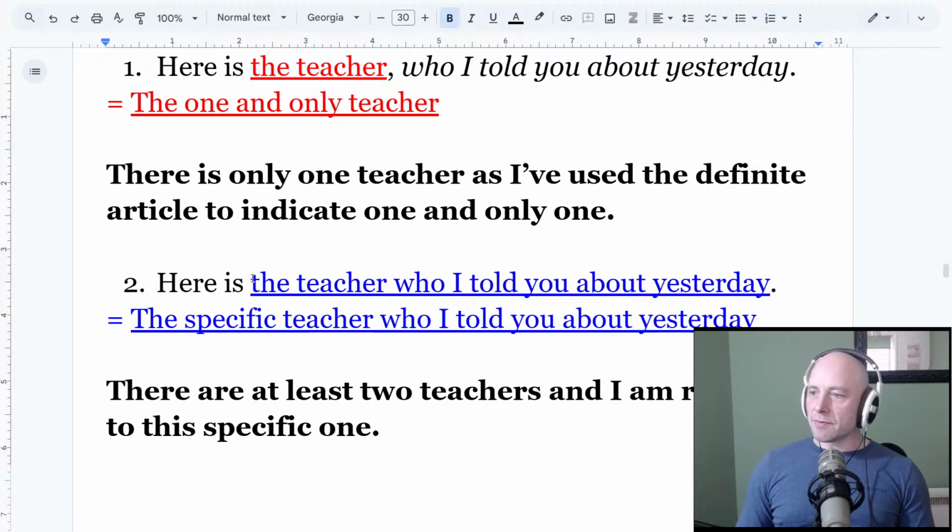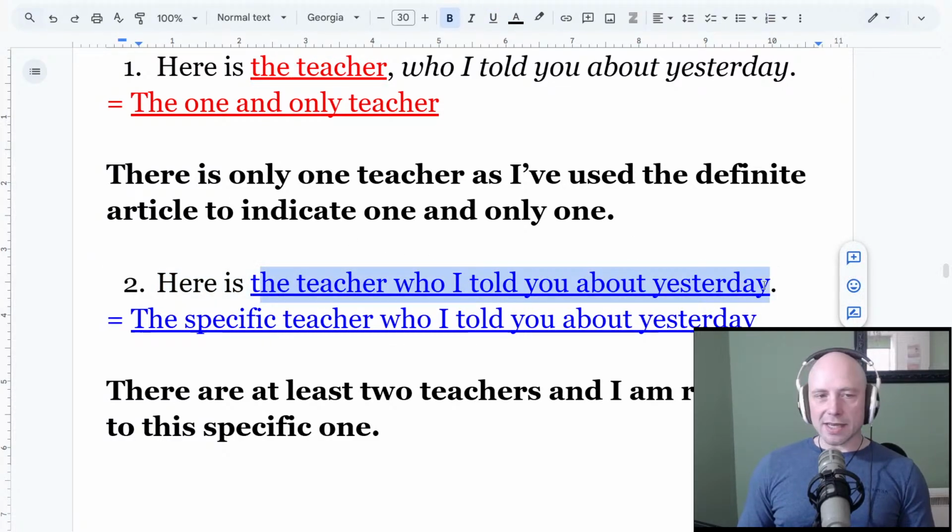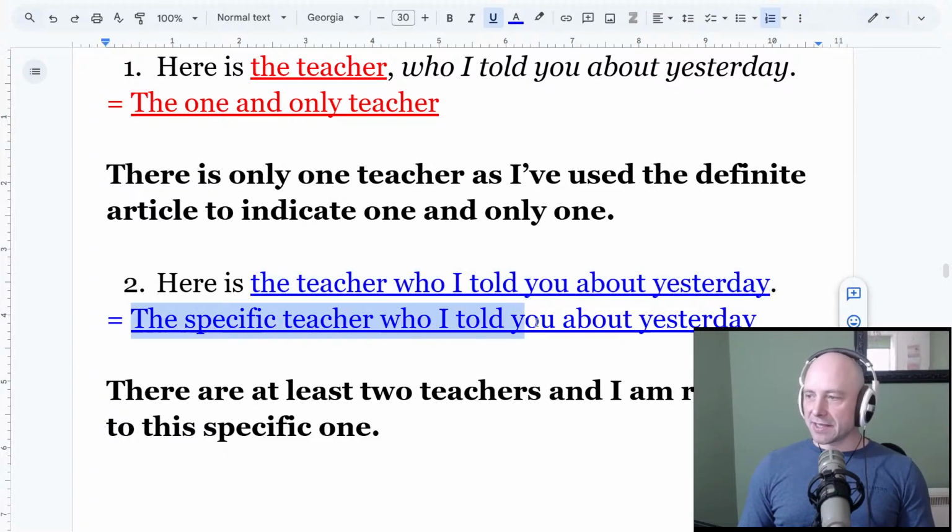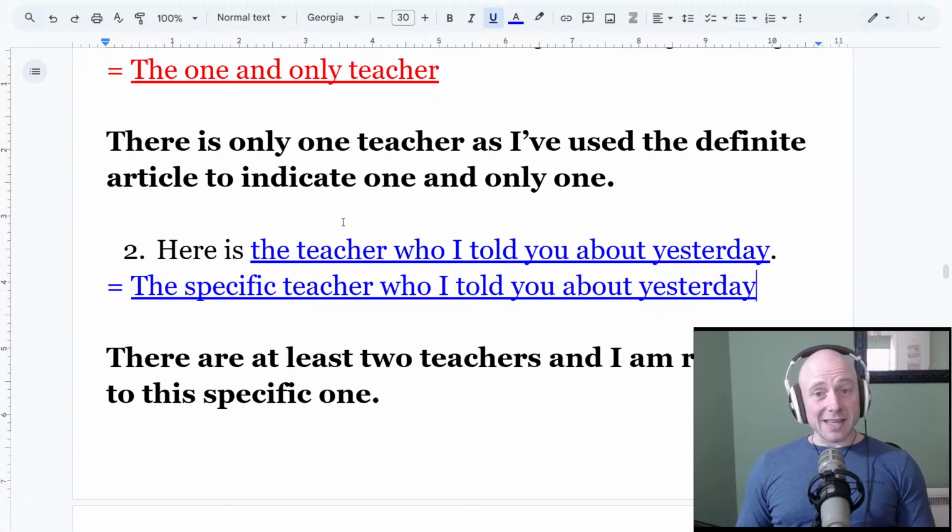And in number 2, the noun phrase is the teacher who I told you about yesterday, which means the specific teacher who I told you about yesterday. Which means there are more teachers, and perhaps ones that I didn't tell you about yesterday.